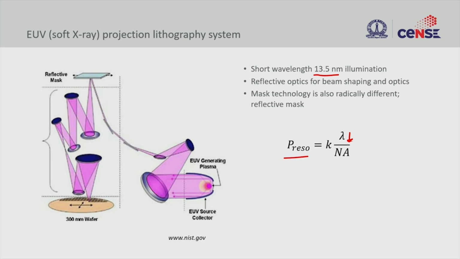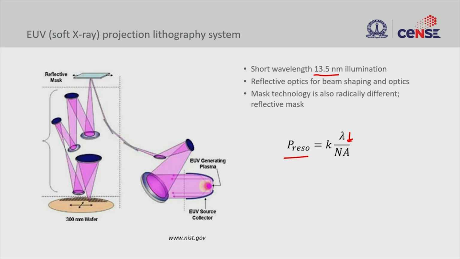Since we are reducing wavelengths, we all know when you go down in wavelengths, the materials become transparent, and X-ray is a good example. X-ray on one end, you can see through most things. So you cannot use regular transmission lens optics. That is the reason why we use reflective optics.